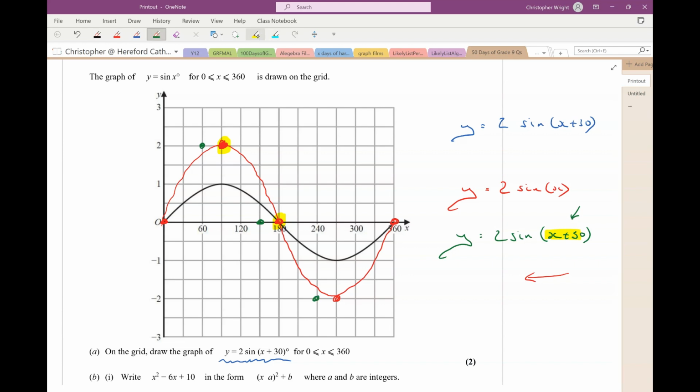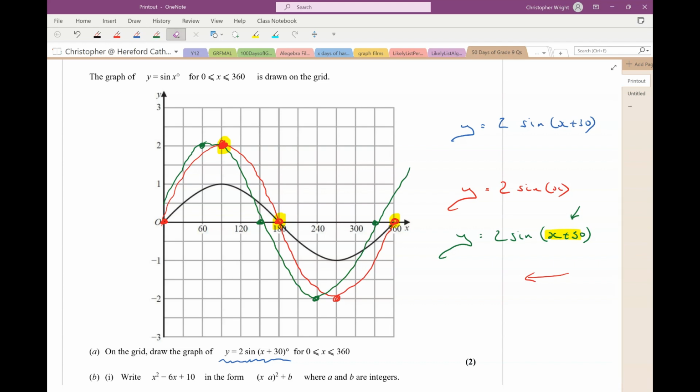And similarly, this point is going to go 30 units to the left, so it's going to end up here. So my new curve is going to be this one. There we are.